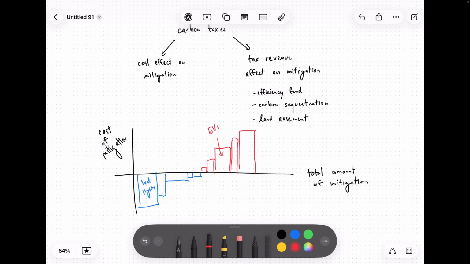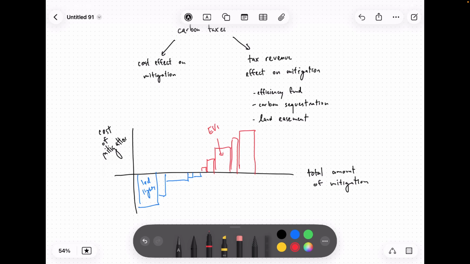And so in a sort of baseline society, you might think that everything that's negative cost we ought to be doing anyways, and then this stuff you wouldn't, like the market wouldn't dictate that you would be implementing these things.